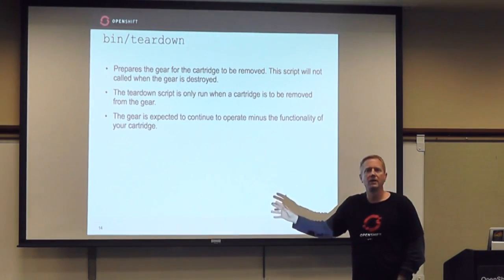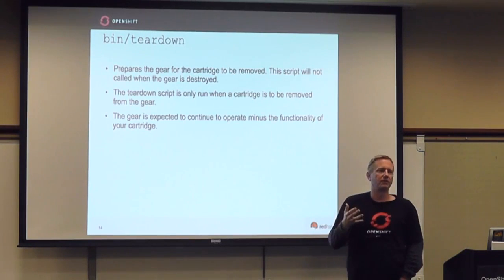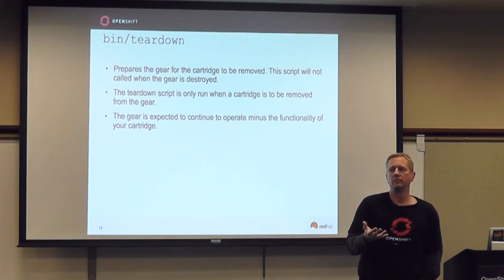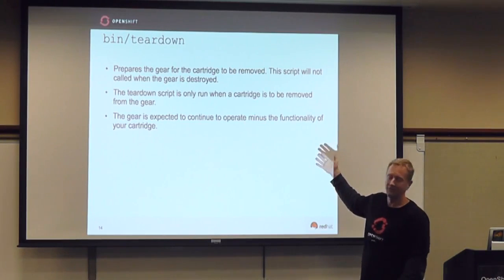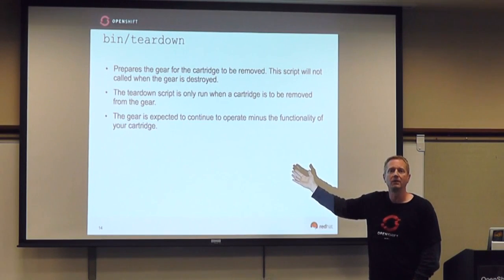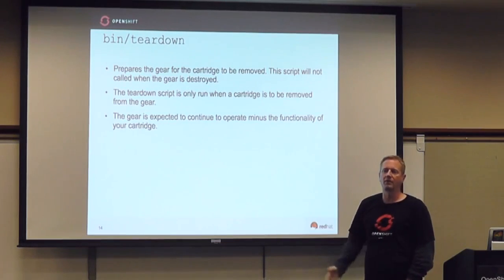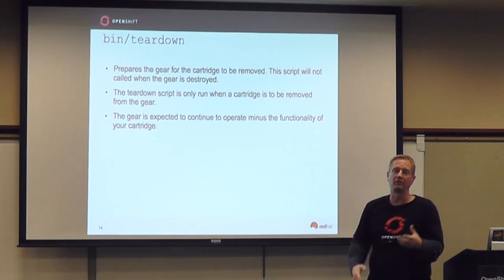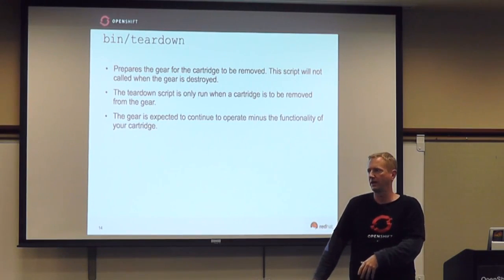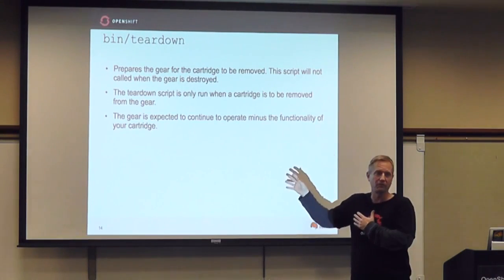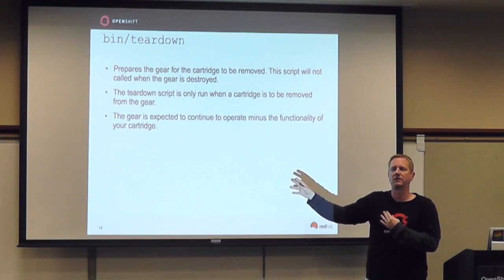This is optional. When somebody comes and says, I want to get rid of this cartridge, is there special stuff I have to do to tear it down? You don't necessarily have to do it because when somebody wipes out the whole application, the node is going to clean everything out anyway. But for this particular cartridge, is there stuff you need to clean up?